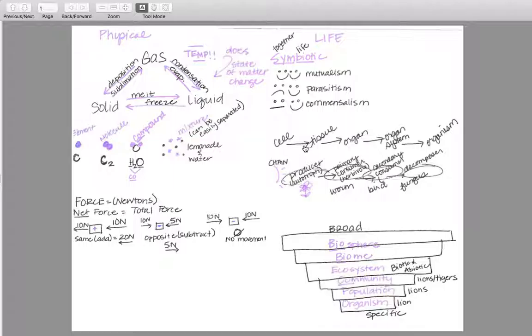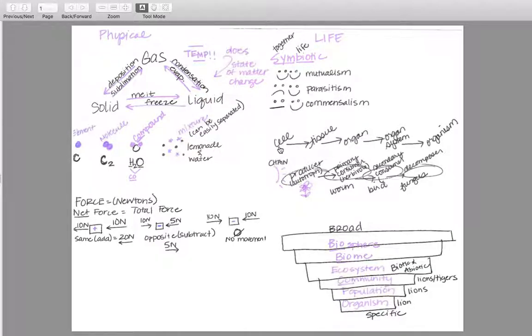Going back to organization. So if I zoom way into that organism, that living thing, all living things are made of cells. Cells work together to build tissues. Tissues work together to build organs. Organs work together to build whole organ systems like the digestive system. And then organ systems work together to build organisms.